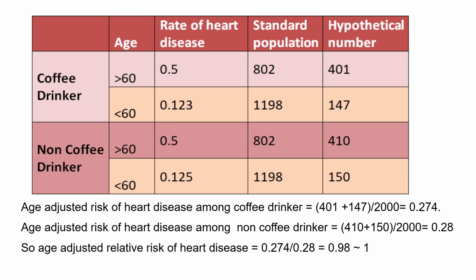Now researcher calculates the age-adjusted risk of heart disease among coffee drinkers as 401 plus 147 divided by 2000, which is equal to 0.274. Similarly, he calculates age-adjusted risk of heart disease among non-coffee drinkers, which is equal to 410 plus 150 divided by 2000, which is 0.28.